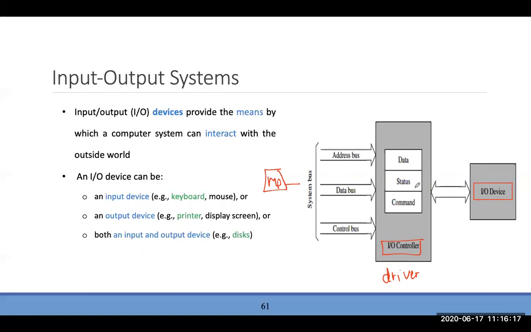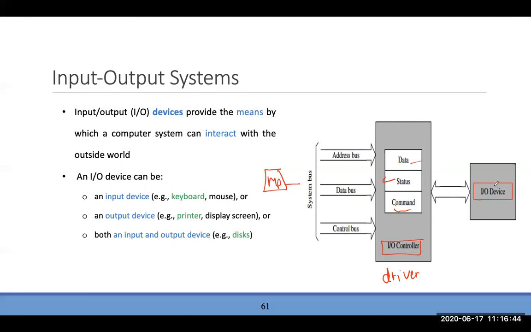If the CPU needs to communicate with the I/O and the I/O is busy, the CPU is informed using the status right here that it's busy, please try again later. Unless there is some priority, then the microprocessor may say, hey, it's a priority, stop and listen to me right now. These are the commands available to operate this device, provided right here.